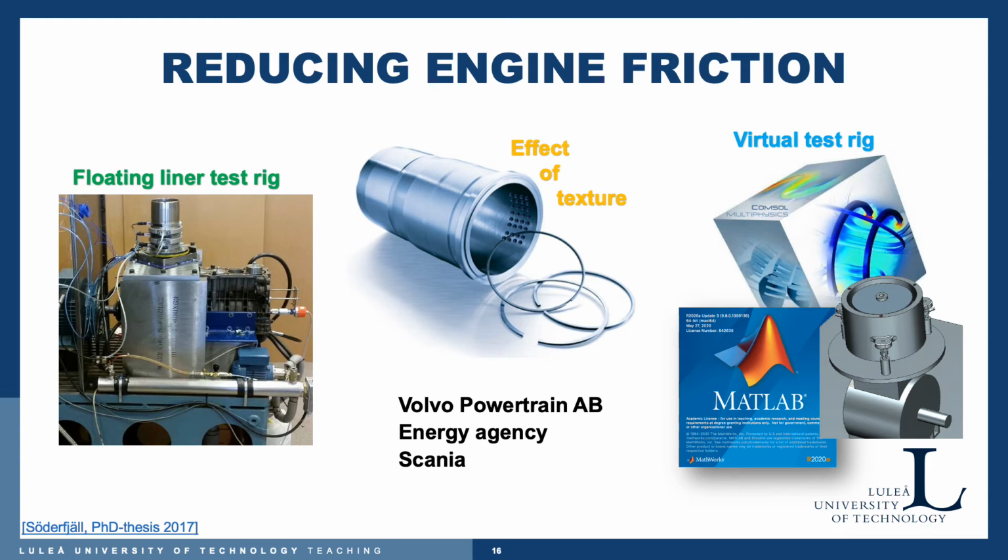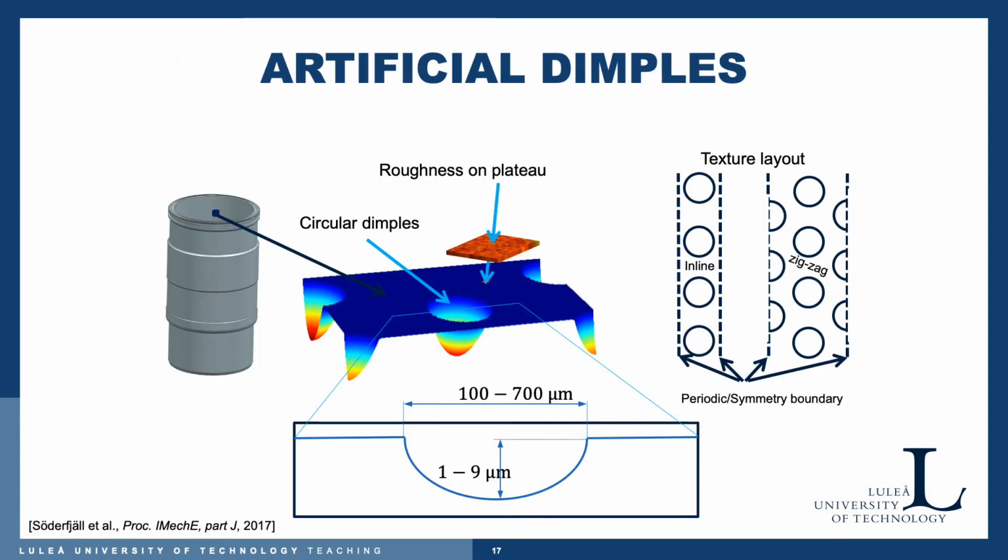Marcus also built a virtual test rig. And with this virtual test rig, he, for one thing, was examining the effects of surface texture. So here I have implemented some artificial dimpling on this liner. And these were modeled in different layouts, an inline layout and a zigzag layout.